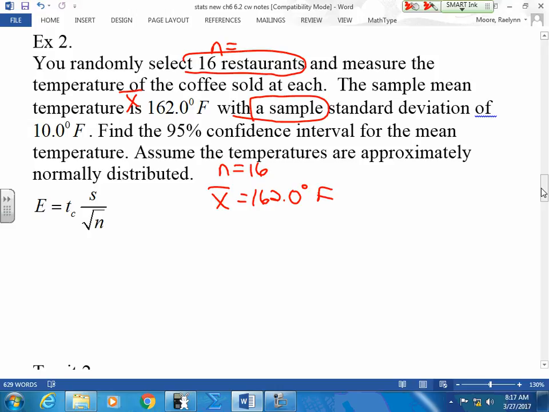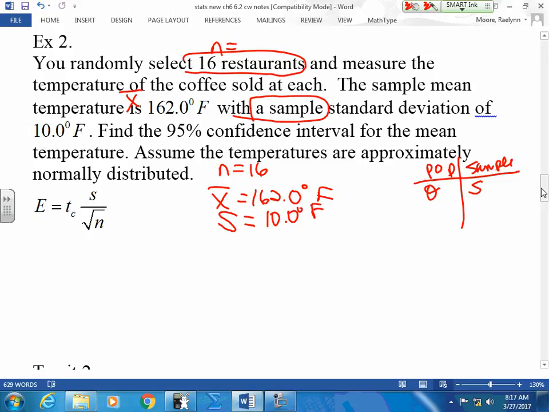This one's different. It says sample instead of population. So we write s, because this is my population sigma, this is my s for sample.